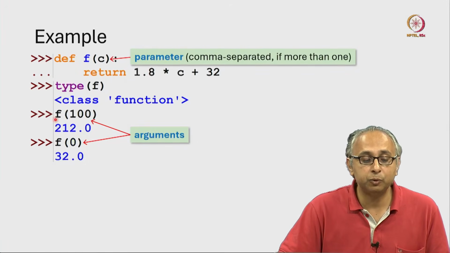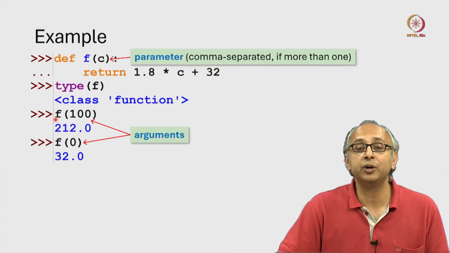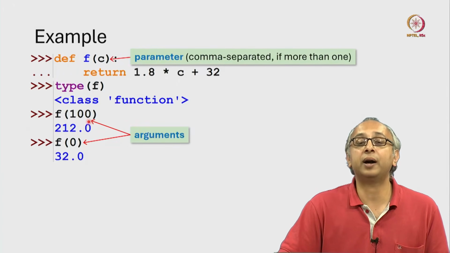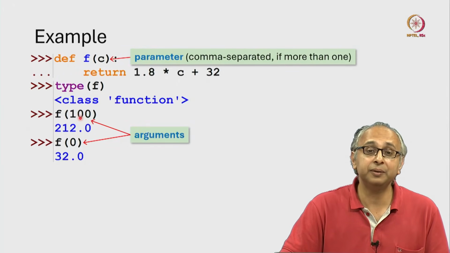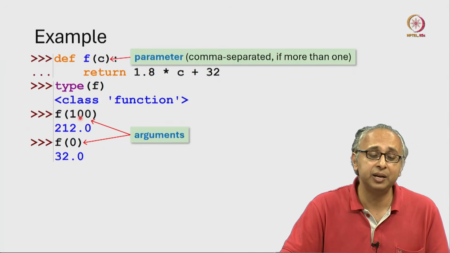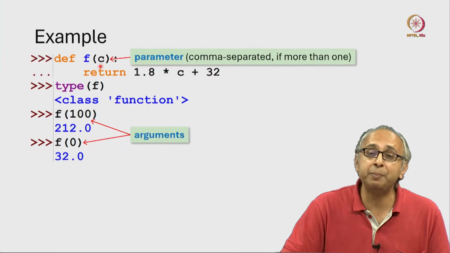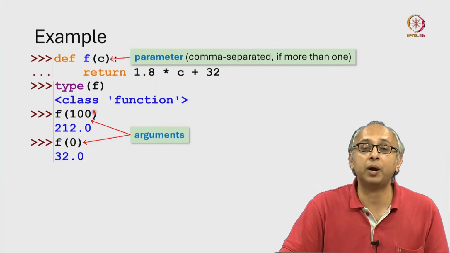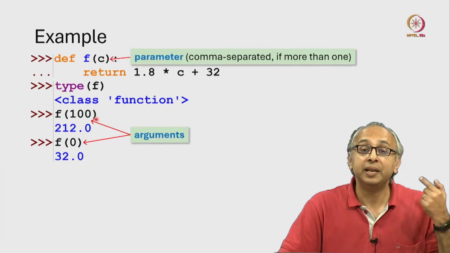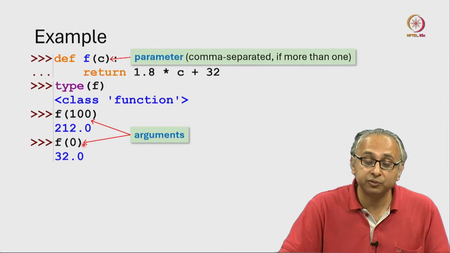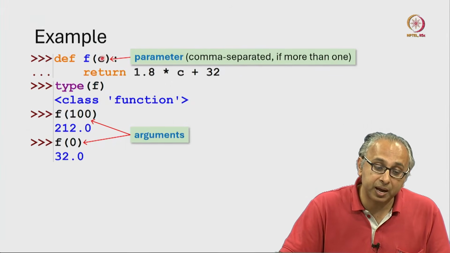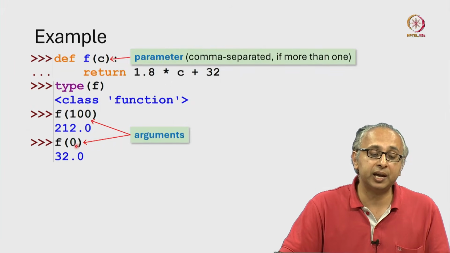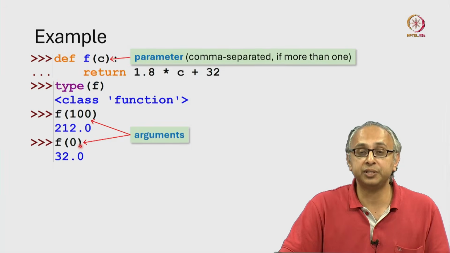We say that here we are calling the function f with the argument 100. And later we will see exactly how this is done. We will see that this parameter is initialized with the argument 100 when we are making this function call. Later, when we are making this function call, the same parameter c will be initialized with the argument 0.